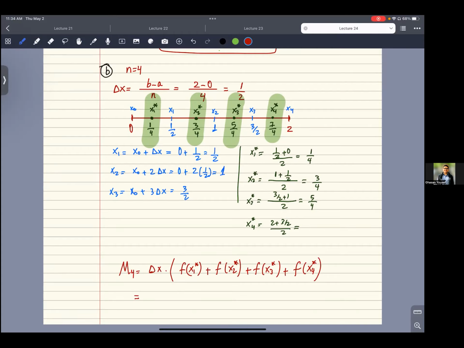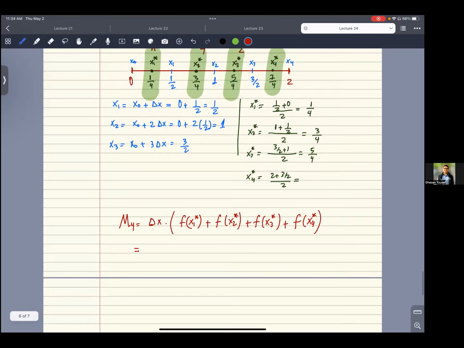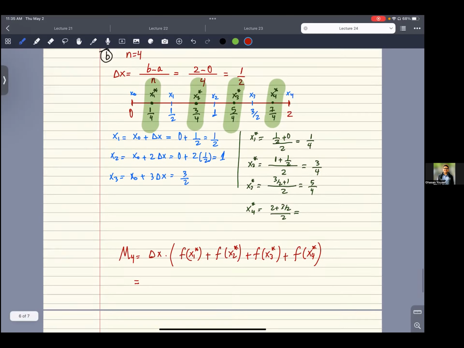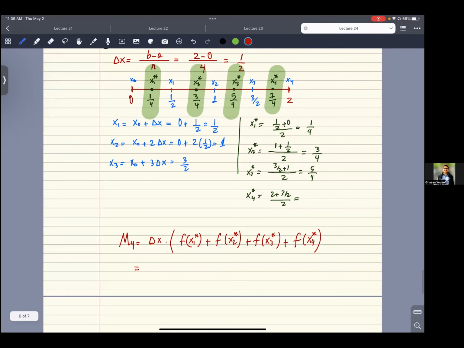What is delta x, as we found before? It's 1 over 2. Now, what are the values of f of x star? It is f of 1 over 4 plus f of 3 over 4 plus f of 5 over 4 plus f of 7 over 4.